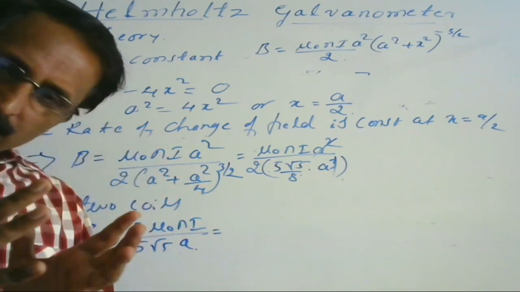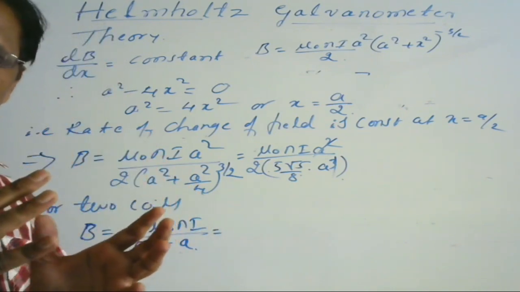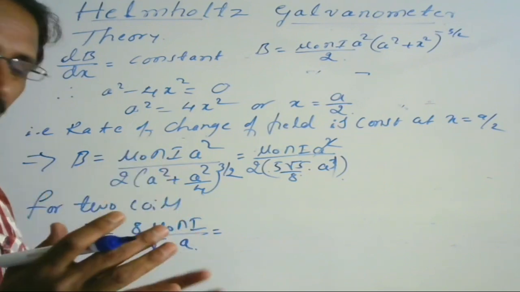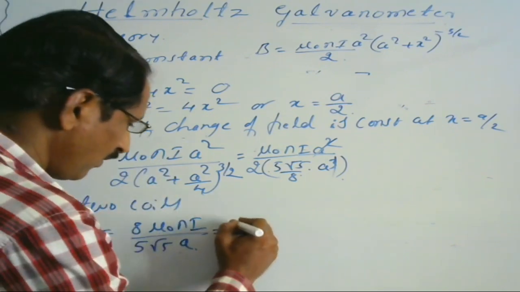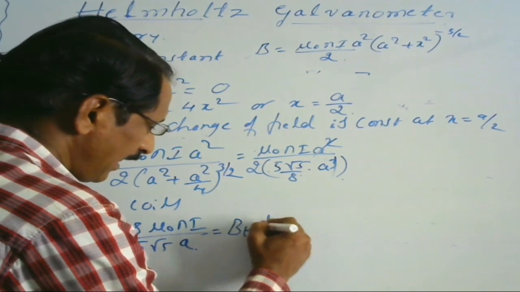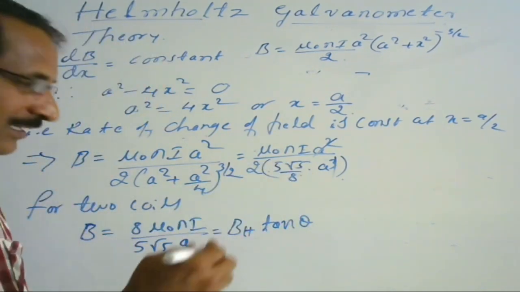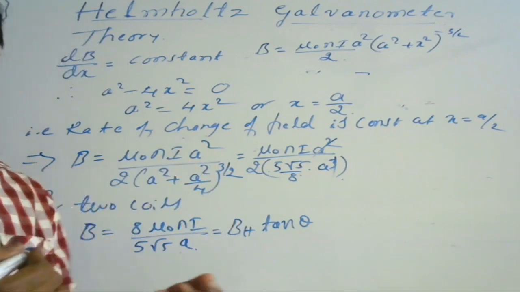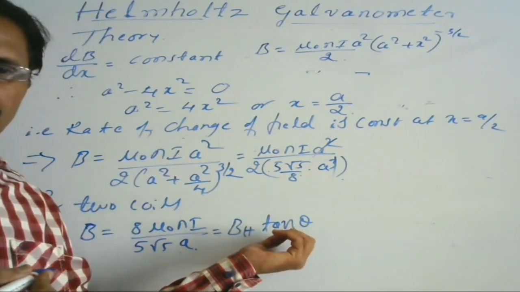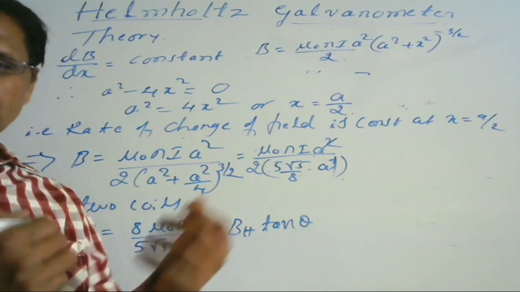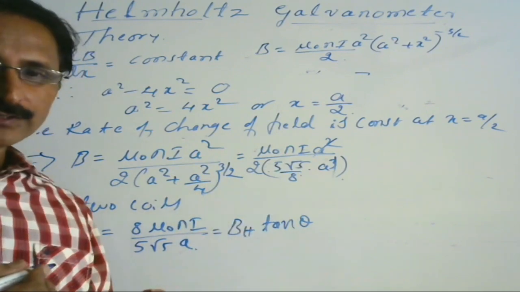When the coils of the Helmholtz galvanometer are in the magnetic meridian, then B is equal to BH tan theta according to the tangent law. Here theta is the deflection of the magnetic needle when the current I flows through it.